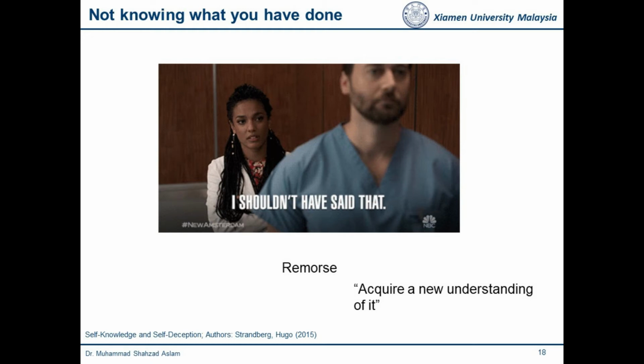Or sometimes an impulsive fight between two people can happen, and both get injured, and then after maybe a couple of days you or the person you were fighting with realize that you should not have done that act. So it is actually a new understanding of the previous act that has been done, and that can be explained in terms of remorse, and that is explained in terms of not knowing what you have done.